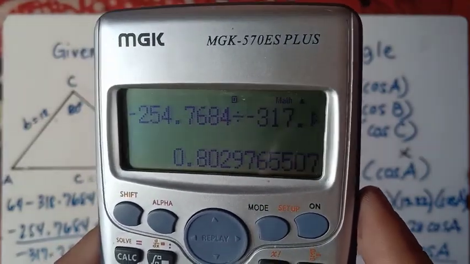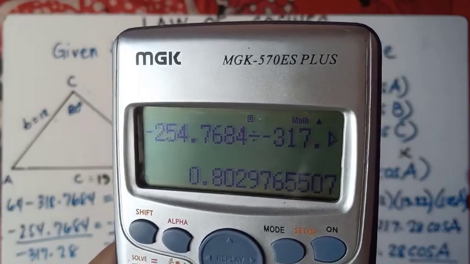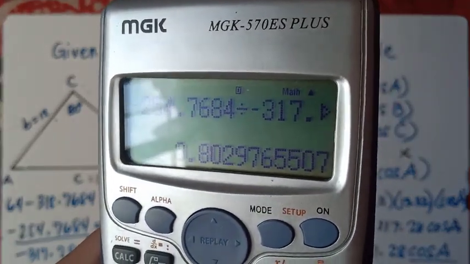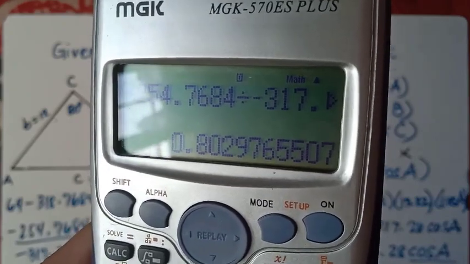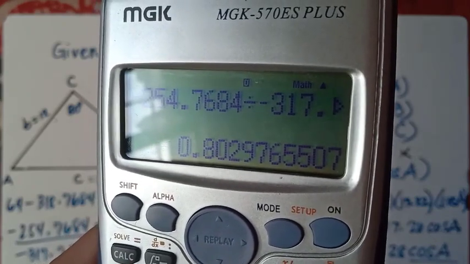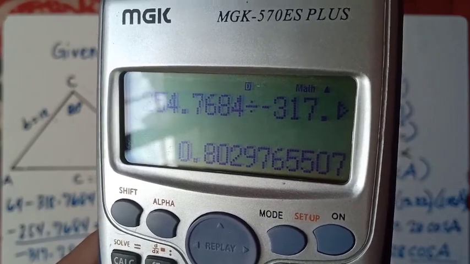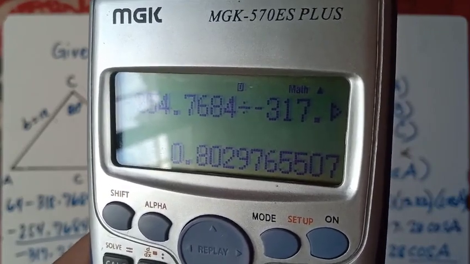And your answer should be positive because negative divided by negative is positive. So 0.80297. The next digit is 7, so it would round up. So your answer will be 0.8030. Let me just write it.